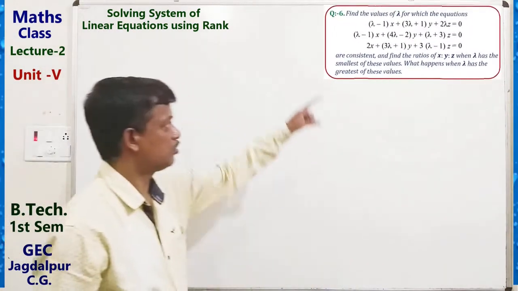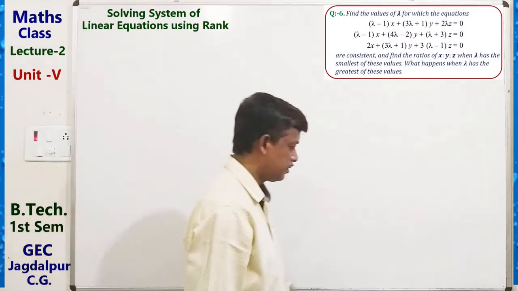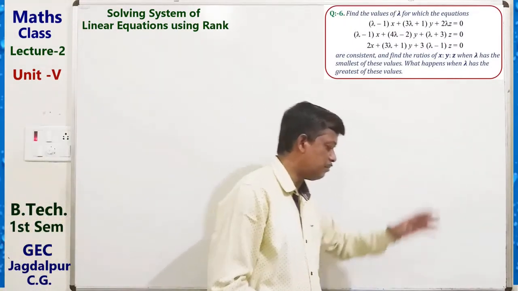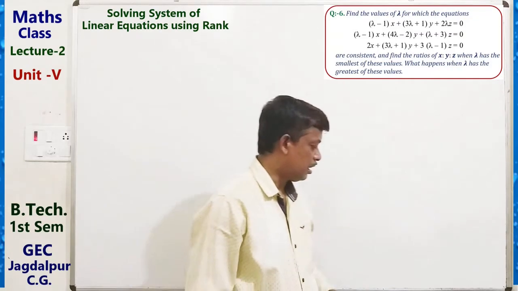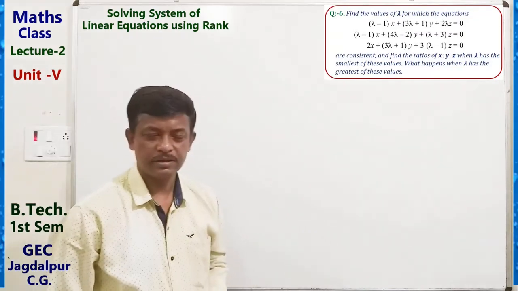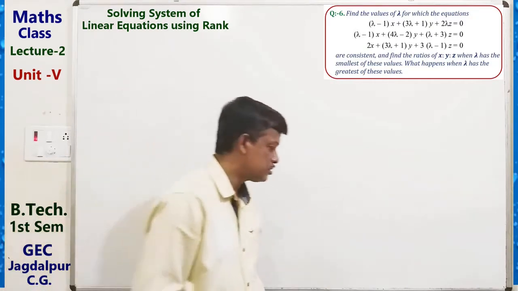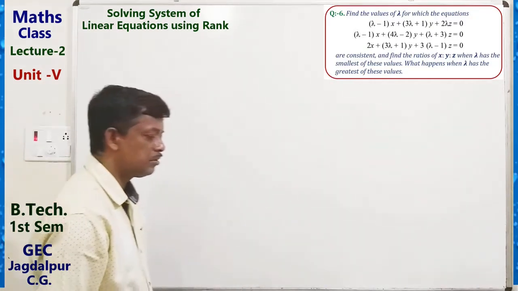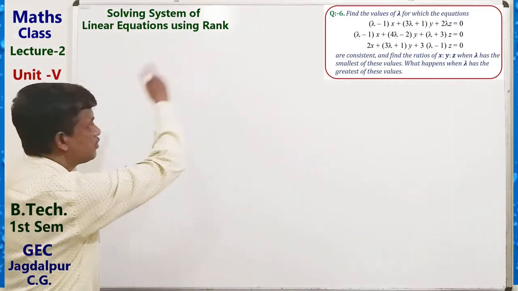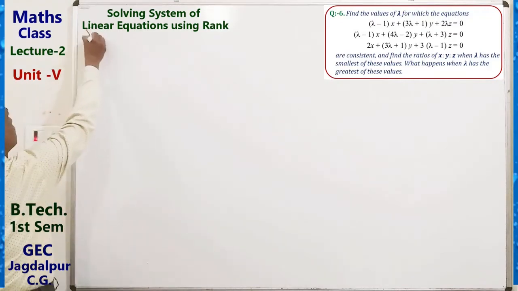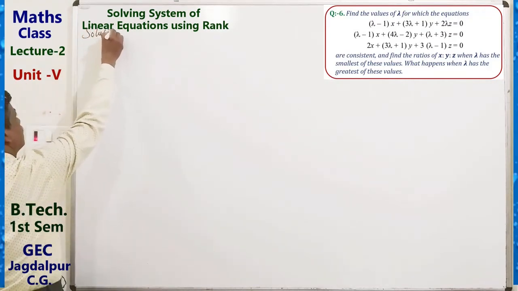Now take one more question. Here, find the value of lambda for which the equations are consistent. Homogeneous equations, consistent means determinant equals to 0. So the given equations will be consistent if the determinant of the coefficient matrix is equal to 0.